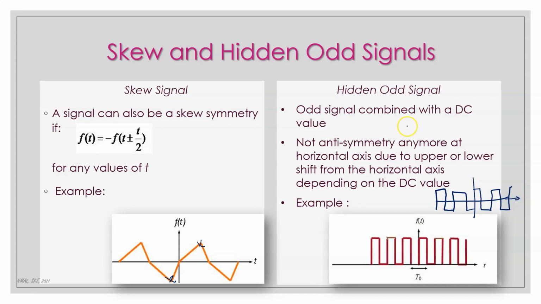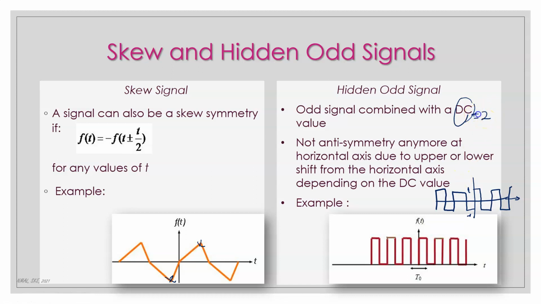When you combine it with a DC signal, let's say this one has values of 1 and -1 at the peak, and the DC value is given as 2, it means that you shift the whole signal up by 2.